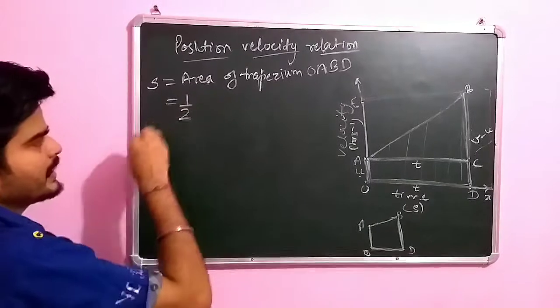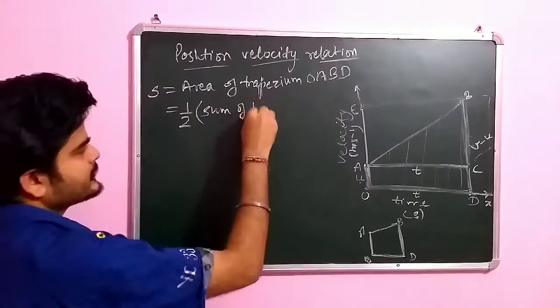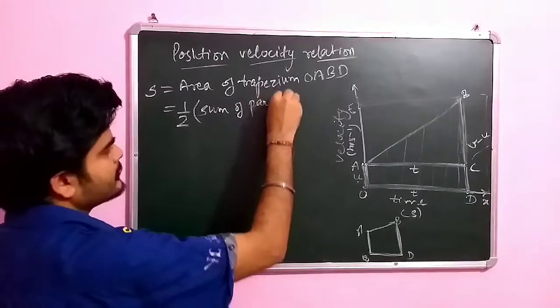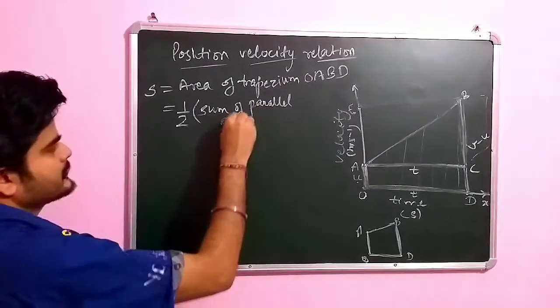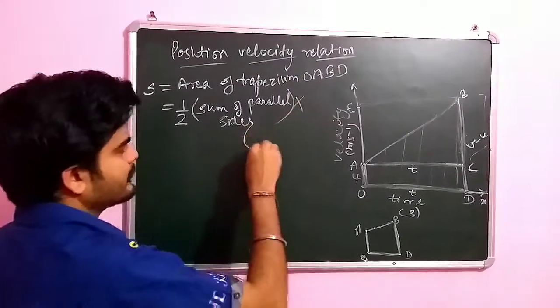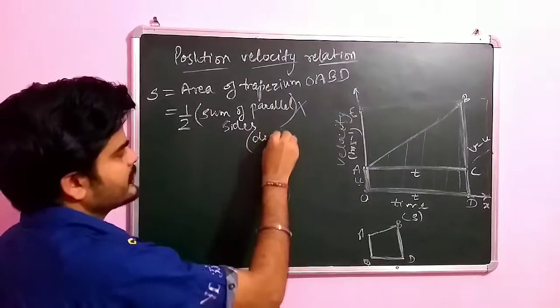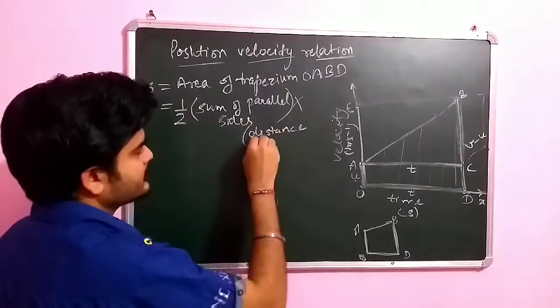It is half into sum of parallel sides multiplied by distance between parallel sides.